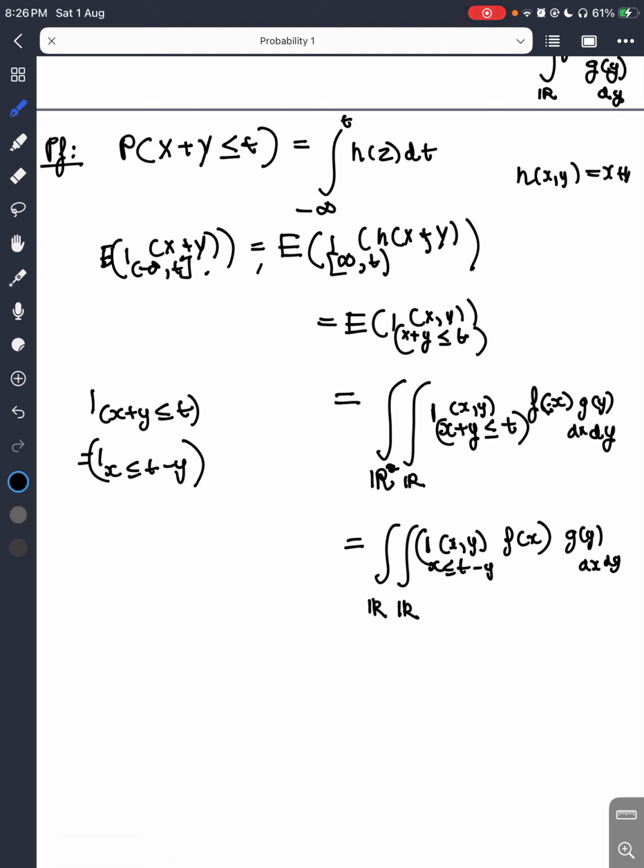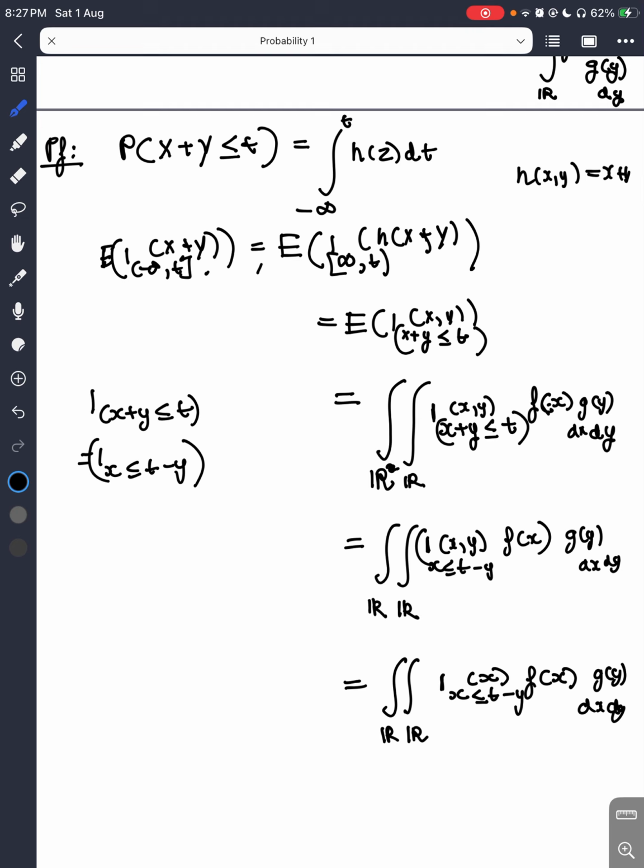This thing is the indicator function of x less than or equal to t minus y, of x. I may be wrong.